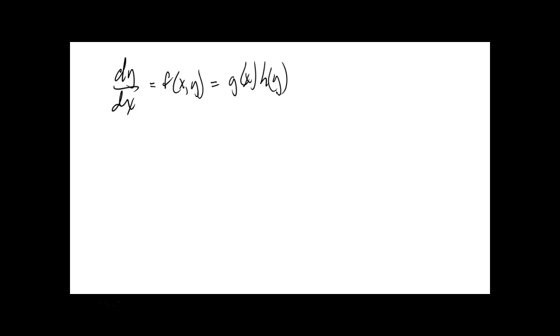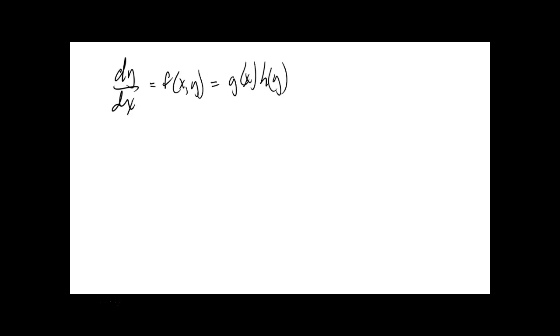that you can write as g of x times h of y. In other words, your function f, which is a function of two variables, can be split to be a product of one function that's x alone and the other function y alone. If you can do that, then the way to go here is to do separation of variables.